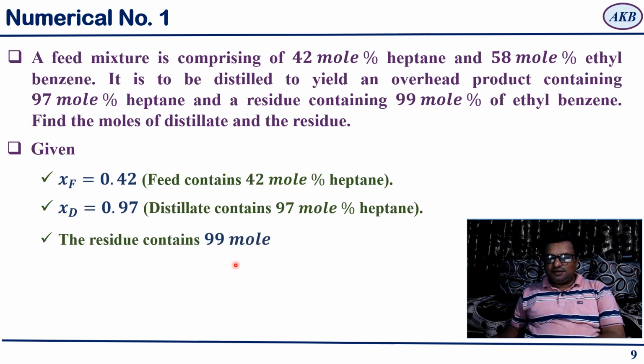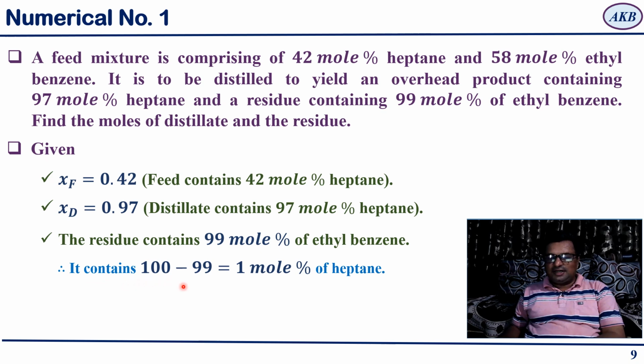The residue is containing 99 mole percent of ethyl benzene. Since ethyl benzene is the less volatile component, it will be the major component in the residue. So the remaining 1 mole percent will be heptane, the more volatile component.